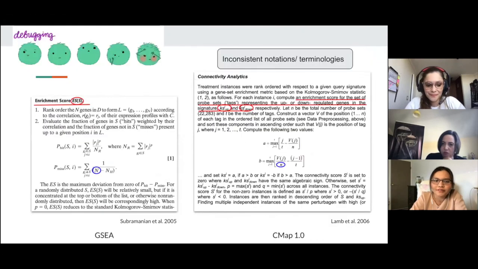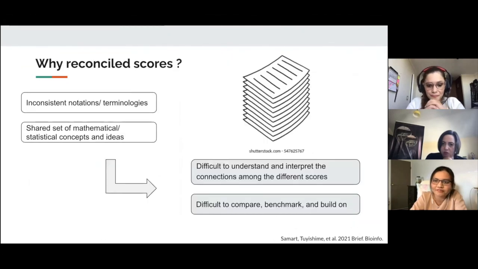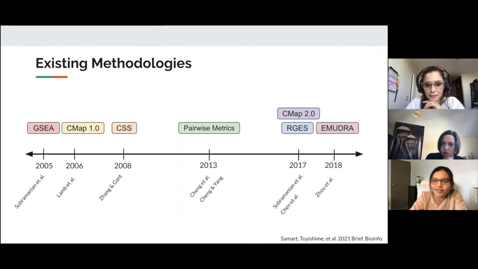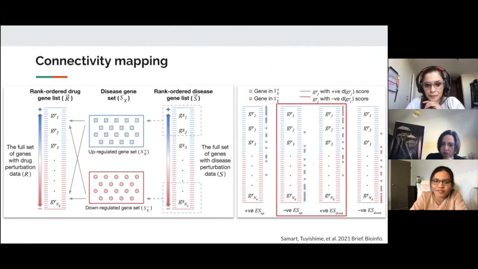Okay, so I would like to answer the second question first. The common language that I think would be the core for the connectivity score is that for connectivity-based drug repurposing, basically we started with disease and drug information.